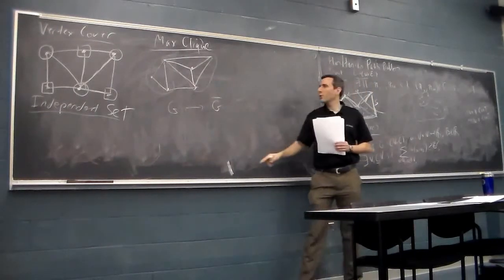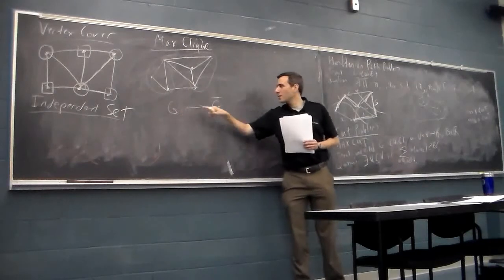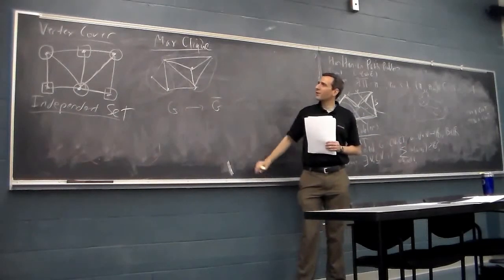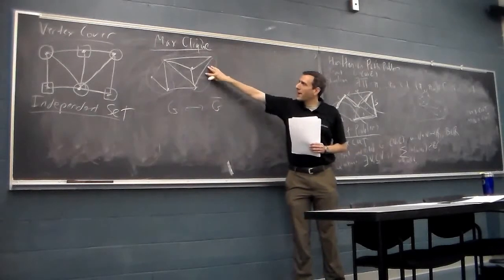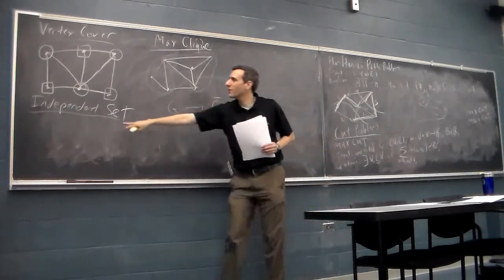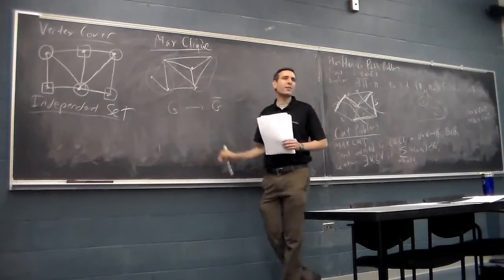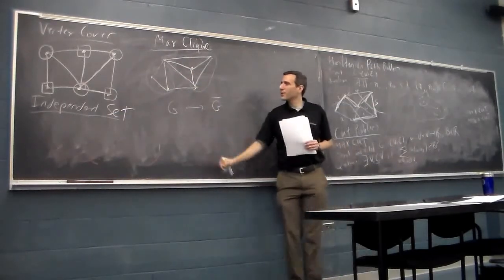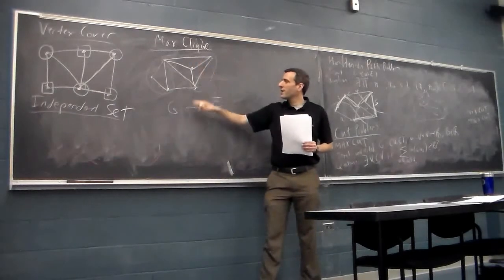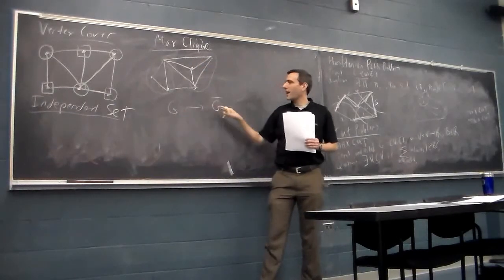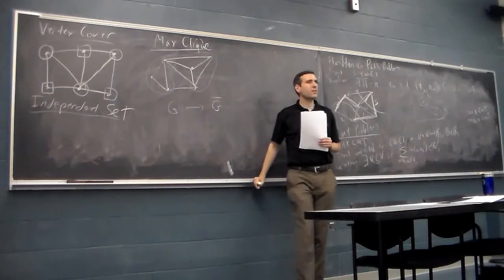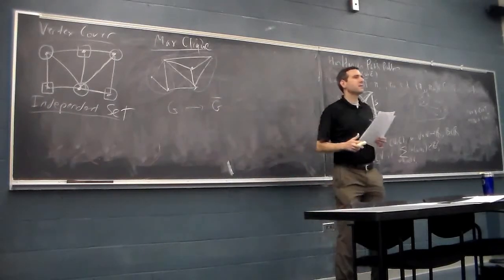So any pair of nodes that have an edge between them in G don't in G bar, and vice versa. And if you do that transformation, then a max clique in G turns into an independent set in G bar, and vice versa. So that's the relationship between those two problems. If you can find maximal cliques in G, then you can find maximal independent sets in G bar, or vice versa. Does that make sense to everyone?